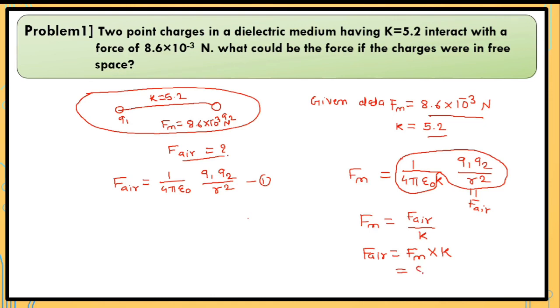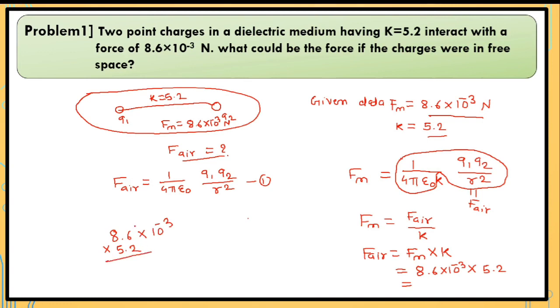So this is 8.6 into 10 to the power minus 3 multiplied by 5.2. Here we will calculate 8.6 multiplied by 5.2, with 10 to the power minus 3.